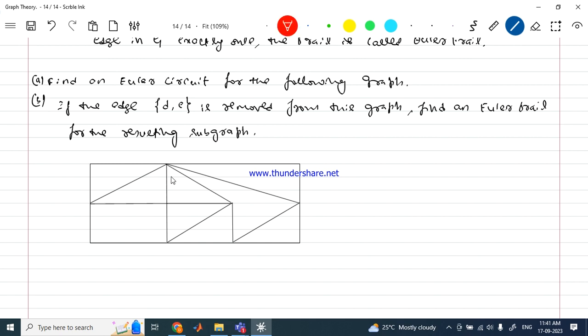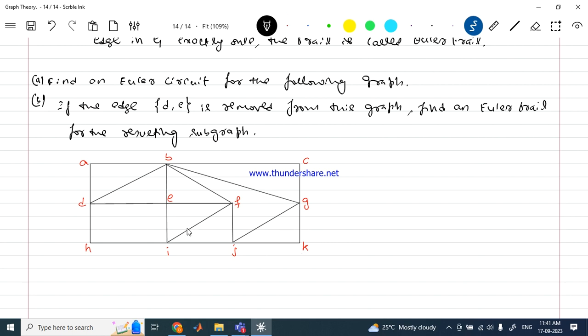Okay, let me label them. It is A, B, C, D, E, F, G, K, H, I, J, K. Okay, so this is what the given graph is.